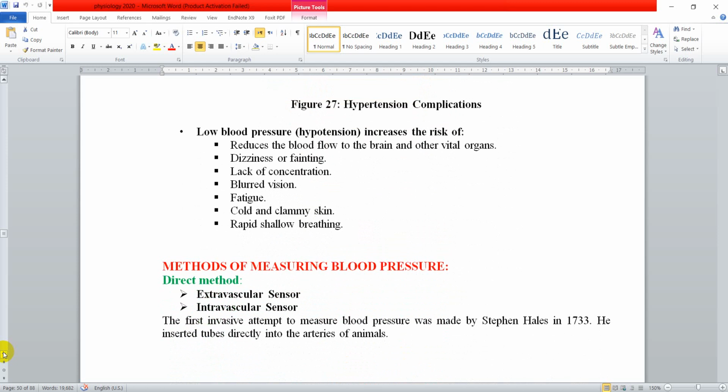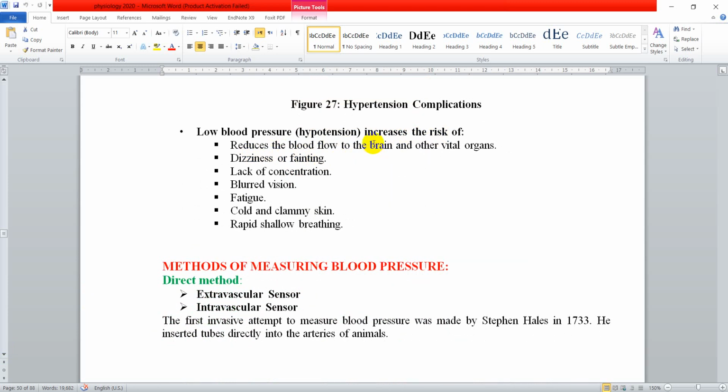While low blood pressure نسميه hypotensive or hypotension may increase the risk of what? Risk of reduced blood flow to the brain and vital organs.